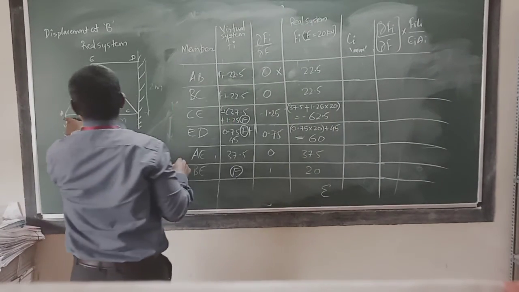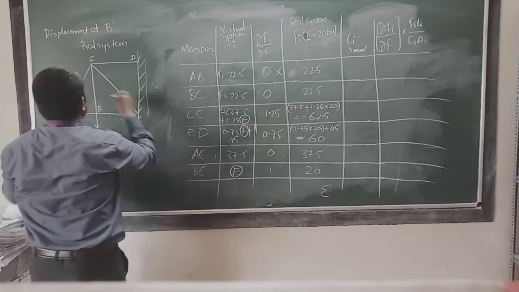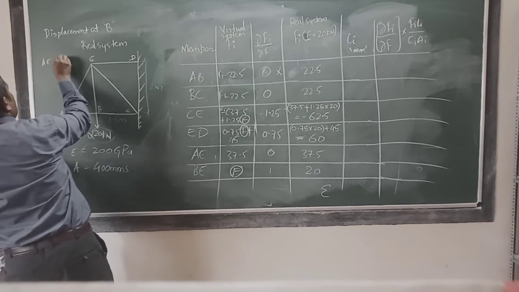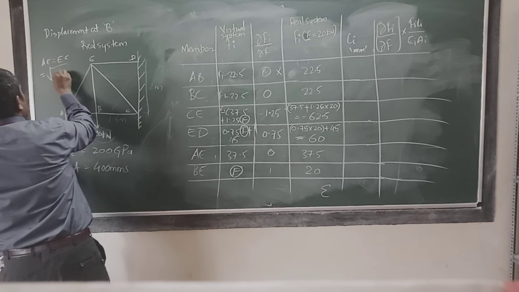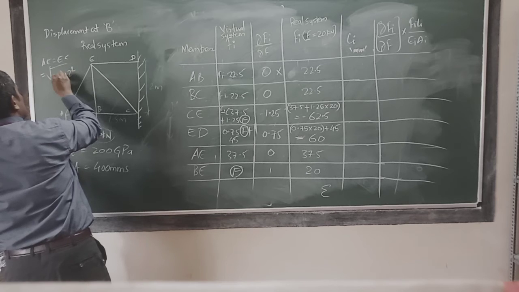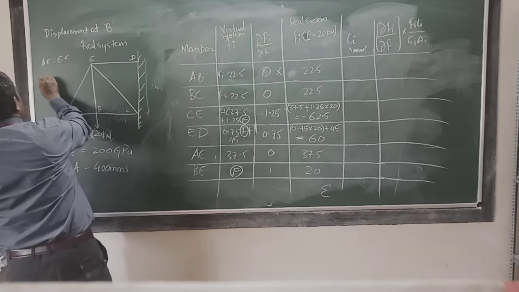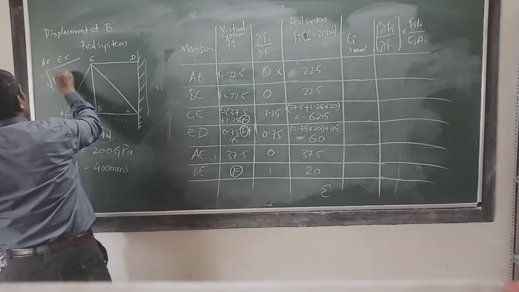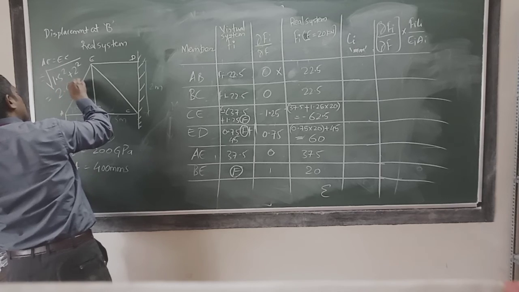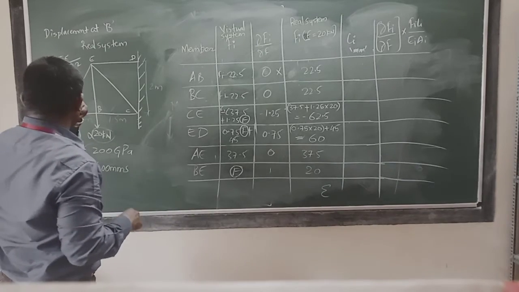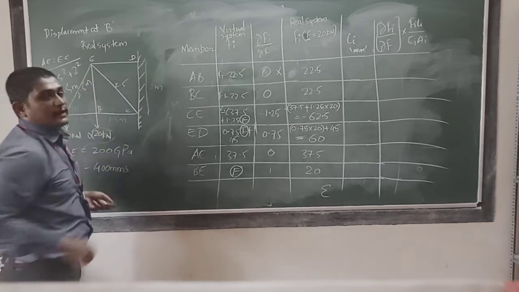AB is how much? So now we have to calculate AE and EC also. So AE is equal to EC is equal to, we can easily write root of 1.5 square plus 2 square. It is under root of 1.5 square plus 2 square, we will get it as 2.5 meter. So AE is equal to EC is equal to 2.5 meter. Okay.